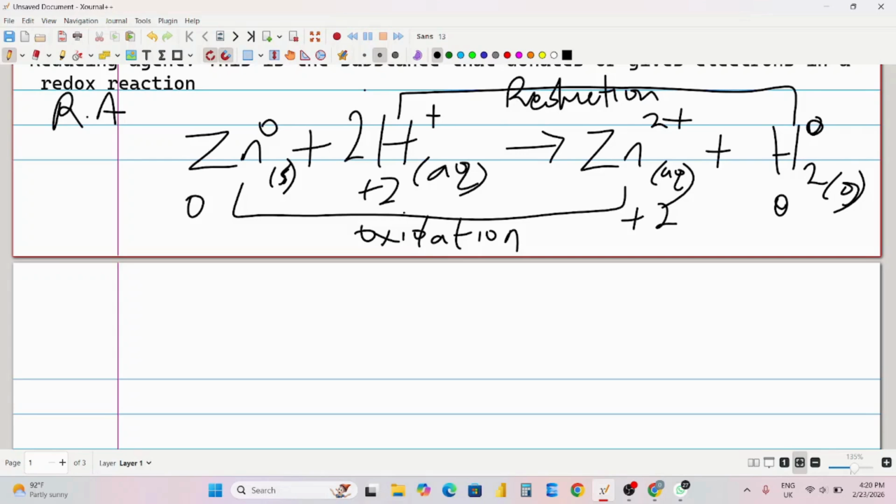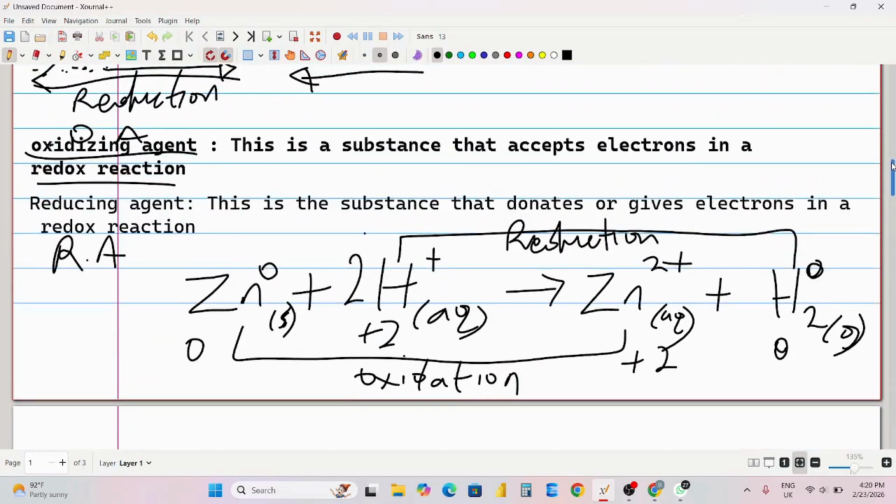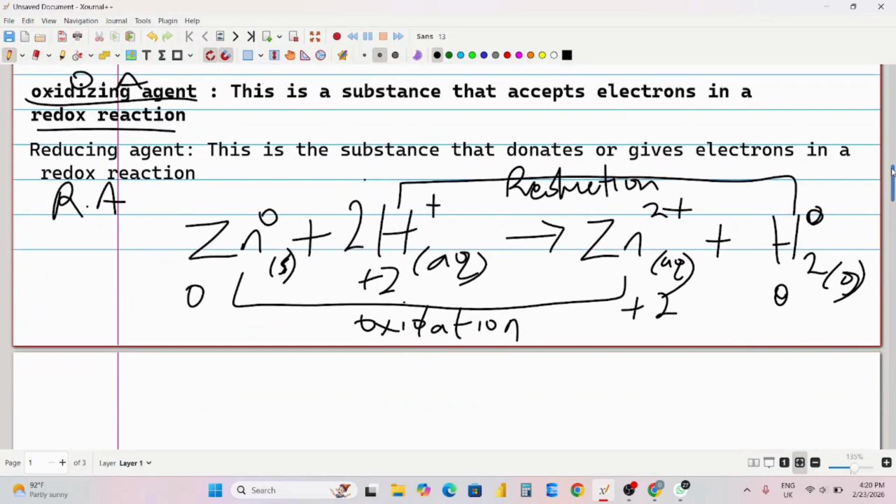Once you identify the process, it is now easy for you to identify the agent, that is the substance that each reacting species represents. When we look at a reducing agent, they say this is the substance that donates, and you know that oxidation involves what?